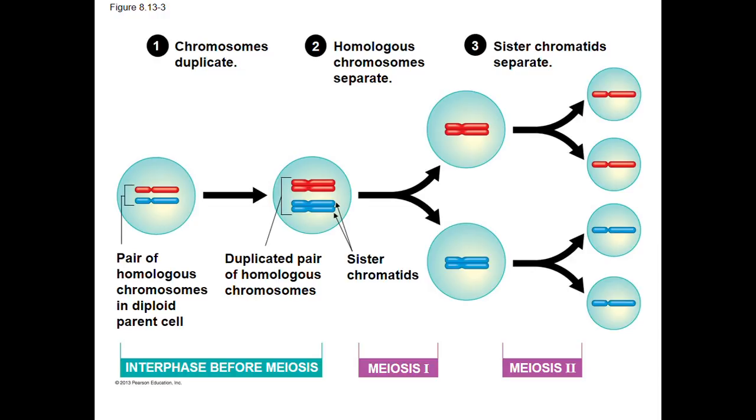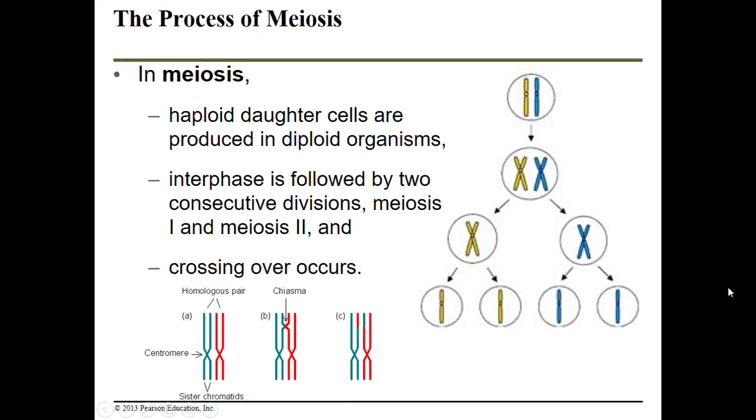That's why we say eggs are expensive and sperm are cheap, because all of these will turn into sperm in a male, but only one would turn into an egg. So a viable egg in a female.